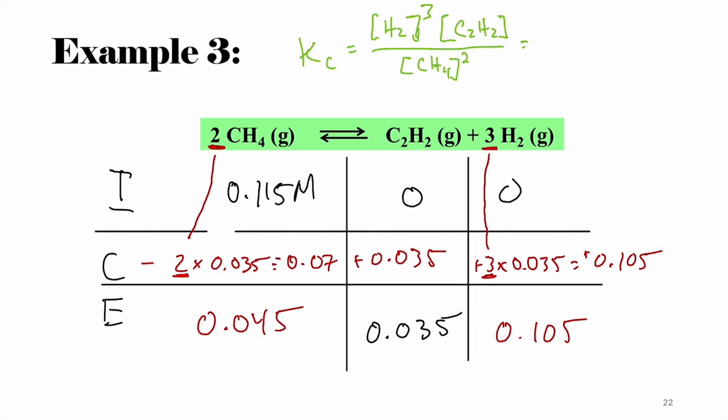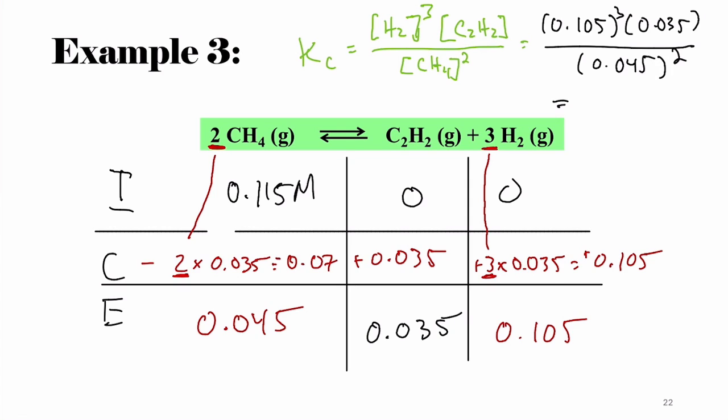So that gives us 0.105 cubed, 0.035 over 0.045 squared. We plug all that in: 0.105 cubed times 0.035 divided by 0.045 squared. Should get about 0.02.